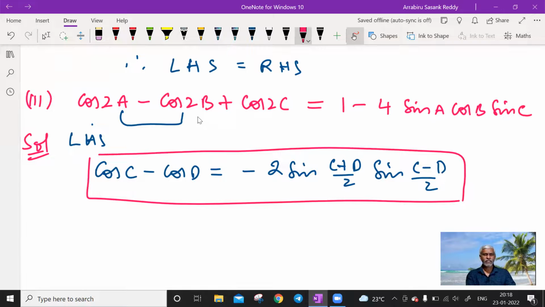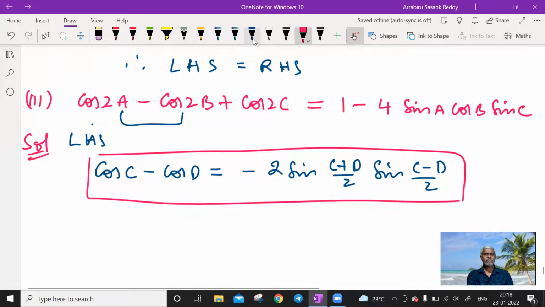Otherwise you can take the last two terms, 2B plus 2C, and that way also you can proceed. But I am taking the first two terms, so it is minus.